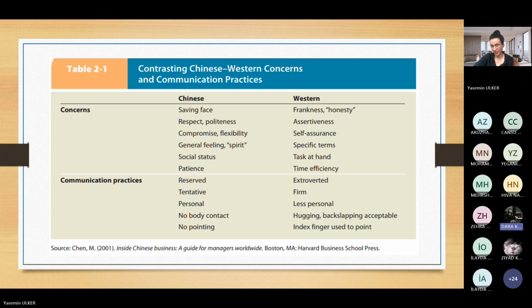I agree. Yes, please. I wanted to ask a question. Sorry to interrupt you. I wanted to ask a question about communication practices, personal, less personal, because I thought the other way about Chinese culture.